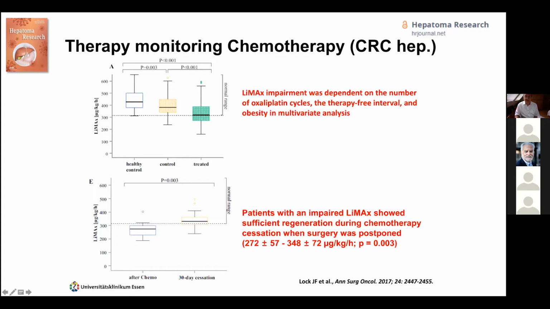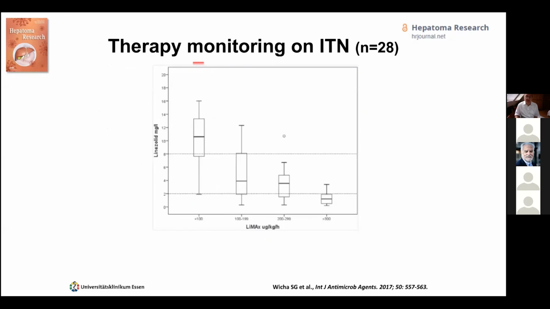And we also can see that after chemotherapy, here is the impaired function measured by LiMAx, and after the cessation of the chemotherapy, the markers get better and the liver function recovers.